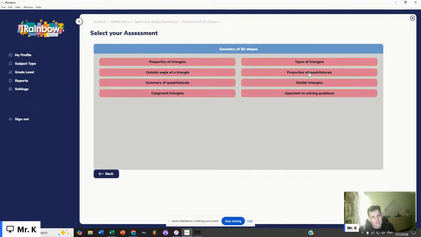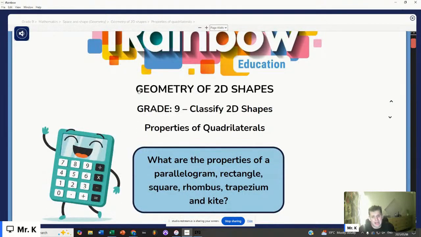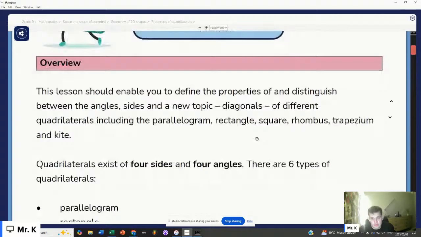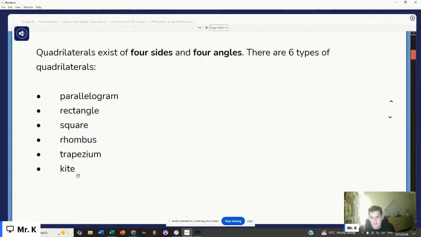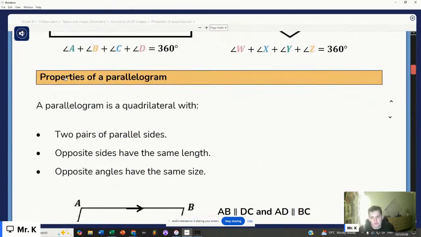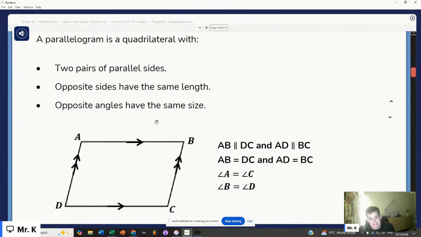But then over here, the second topic in the right-hand column is properties of quadrilaterals. If I click on this one just for now quickly, I'm greeted by a document that talks about the properties of quadrilaterals. Right? So here are those 6 quadrilaterals that I mentioned to you. You will see that it goes through, for example, the properties of a parallelogram, which is one of the shapes that we didn't have an opportunity to discuss.